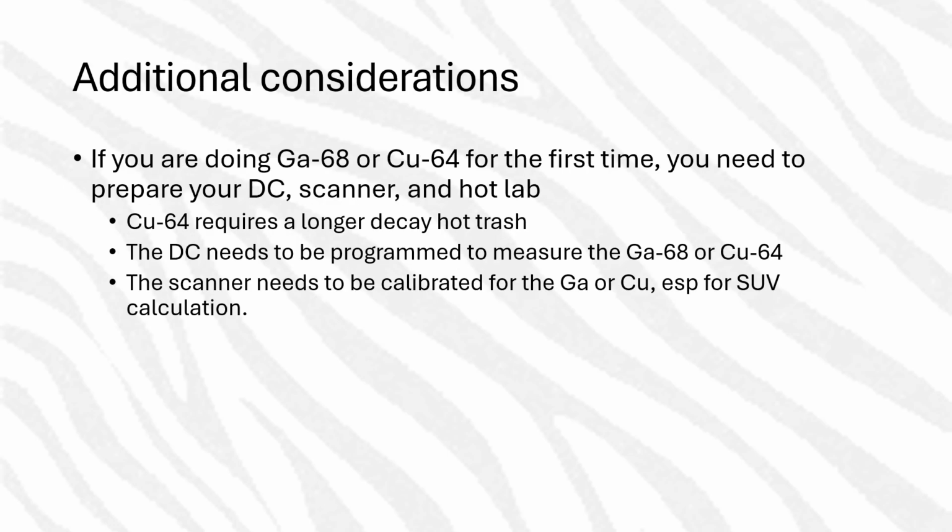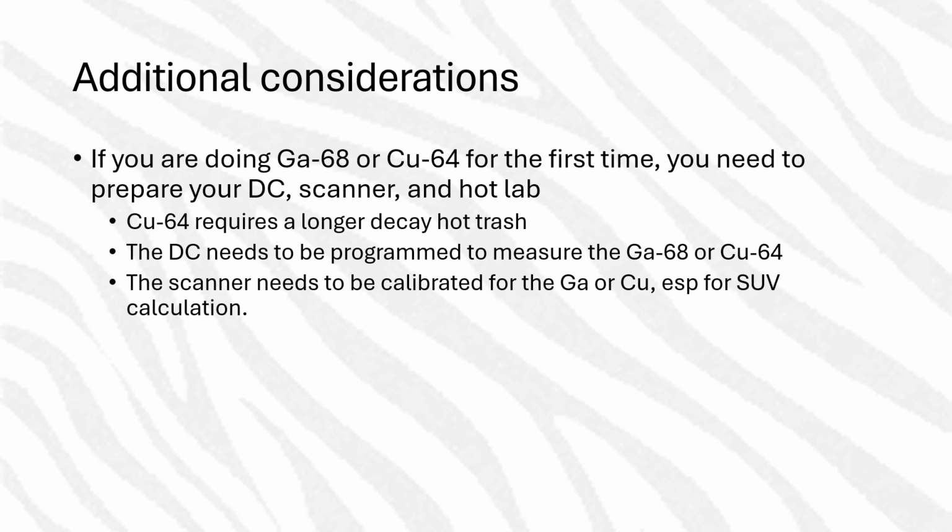If you're using gallium-68 or copper-64 for the first time, you do need to prepare your dose calibrator, scanner, and hot lab to accept counts from there. In order to prepare your hot lab, you would need to make sure that your dose calibrator is programmed to measure the gallium or the copper.